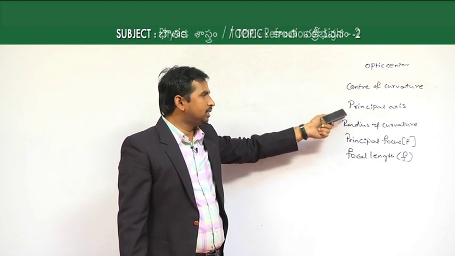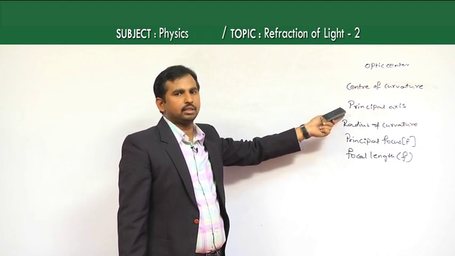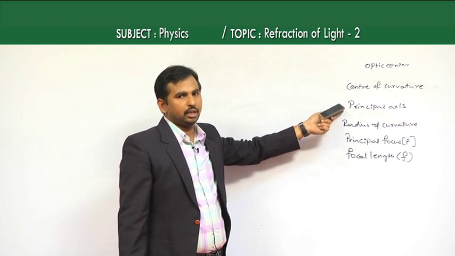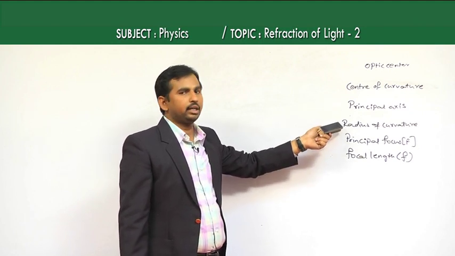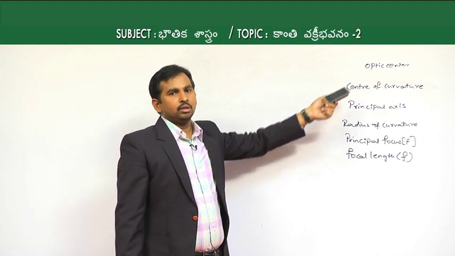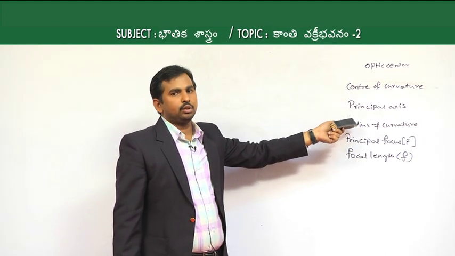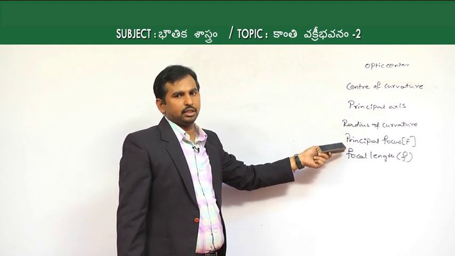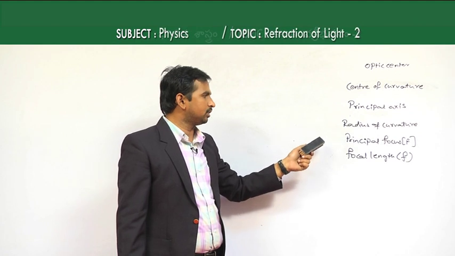Principal axis is the line passing through the centers of curvature and the optic center, and radius of curvature is the distance between the center of curvature and the optic center.